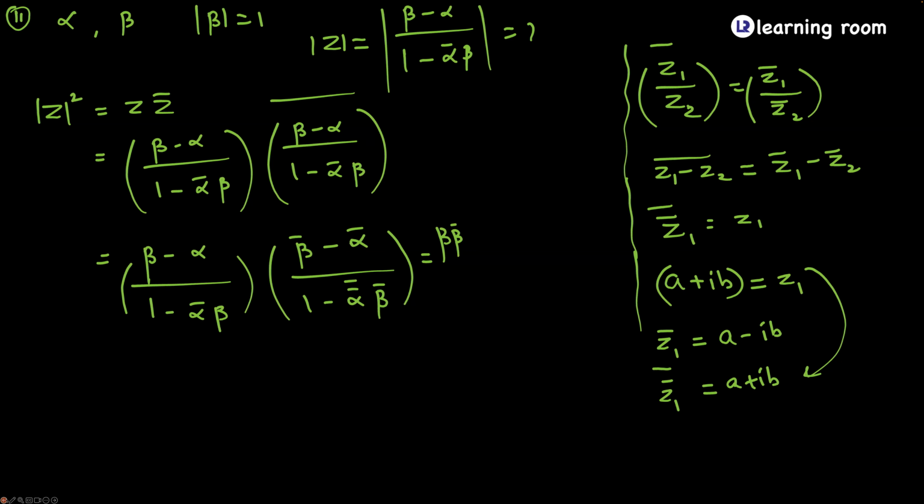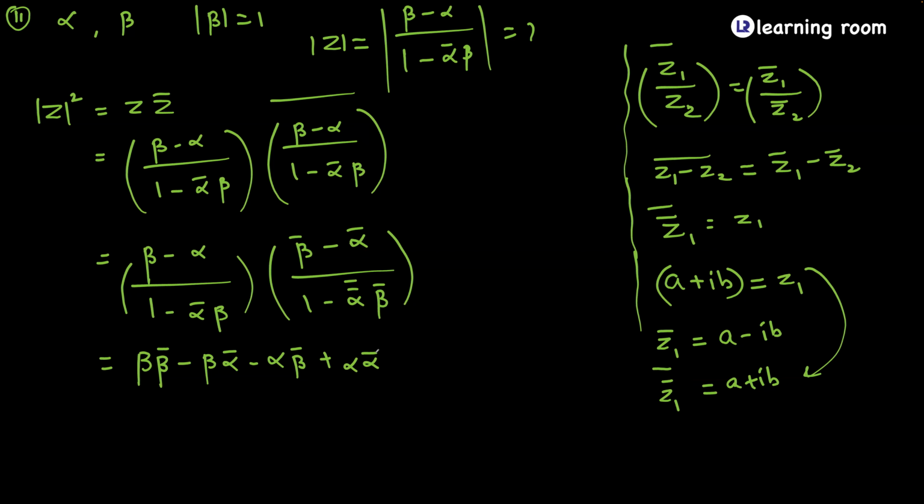I'll write it here. So this will be equal to beta into beta conjugate minus beta into alpha conjugate minus alpha into beta conjugate plus alpha into alpha conjugate.